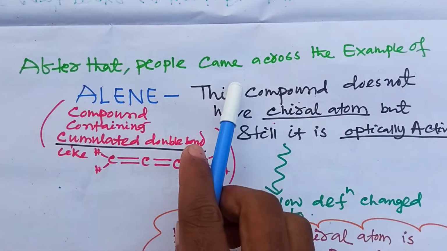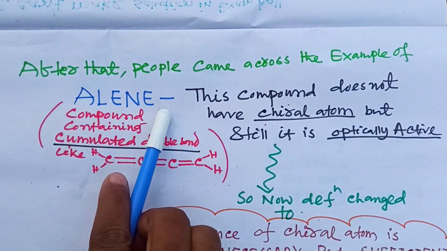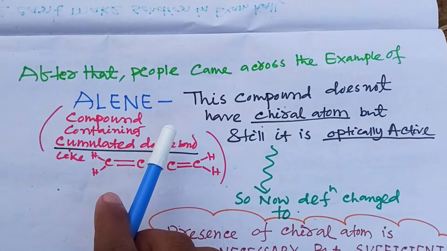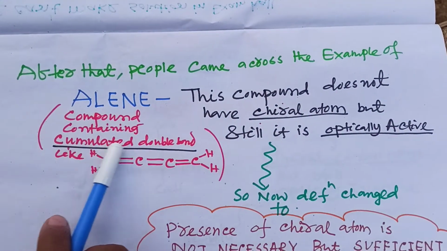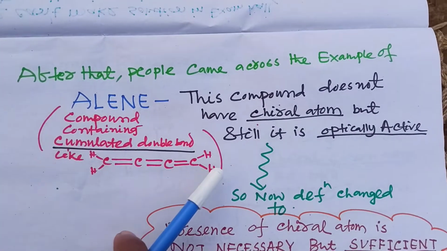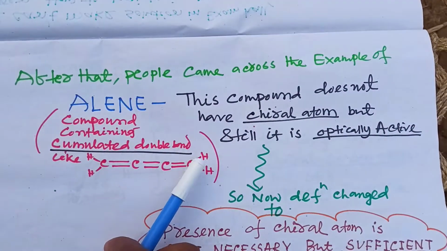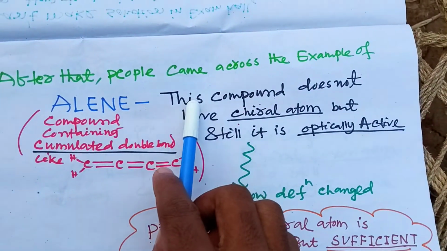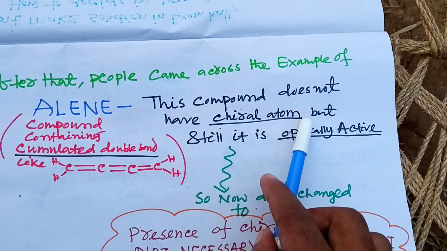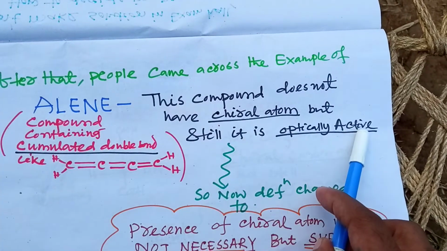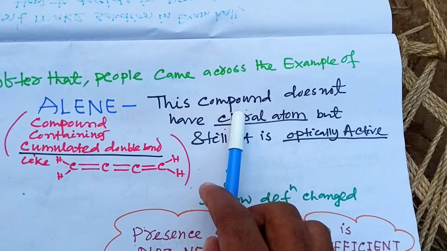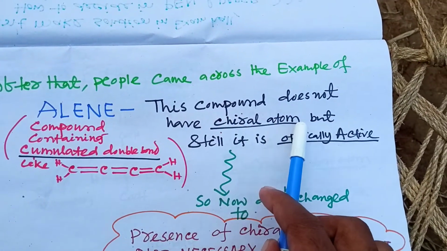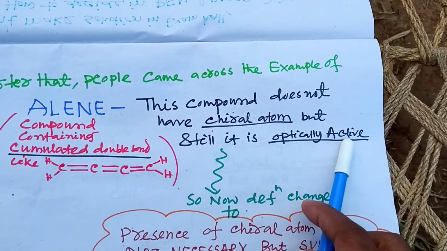After that, people came across the example of allene. What is an allene? Allene is nothing but a compound containing cumulated double bonds. The structure of allene is something like that. The interesting part in this compound is that it does not have any chiral atom, but still it is optically active.